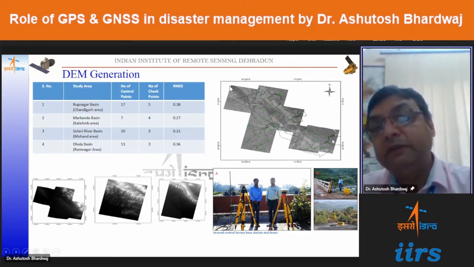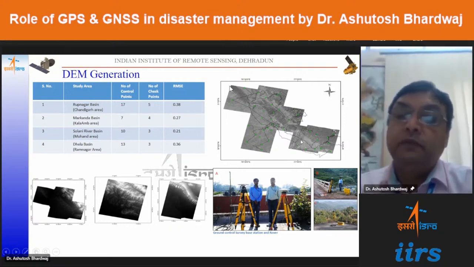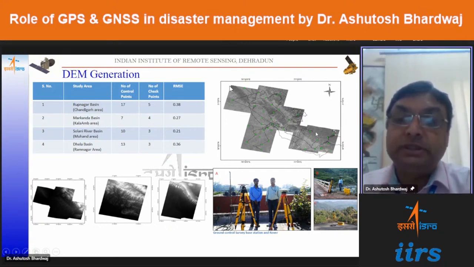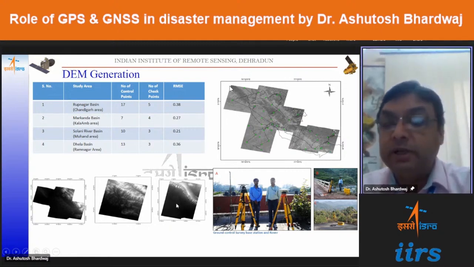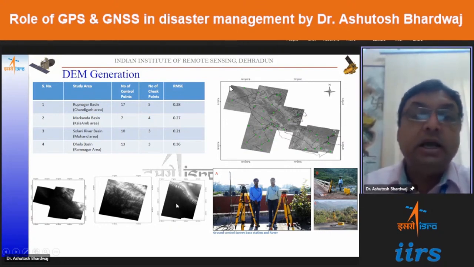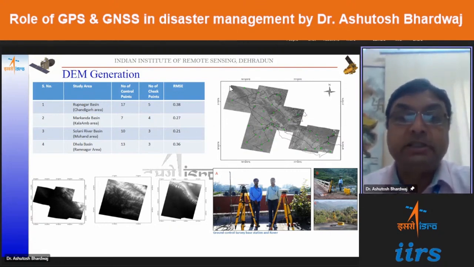This entire area has been surveyed by us using DGPS, and we have done the satellite triangulation for the Cartosat dataset. We have developed various solutions for various purposes, for tectonic studies and various other applications. We have developed the digital elevation model for the entire area. We have developed the ortho images, and these are used for various applications like watershed modeling and geological applications.